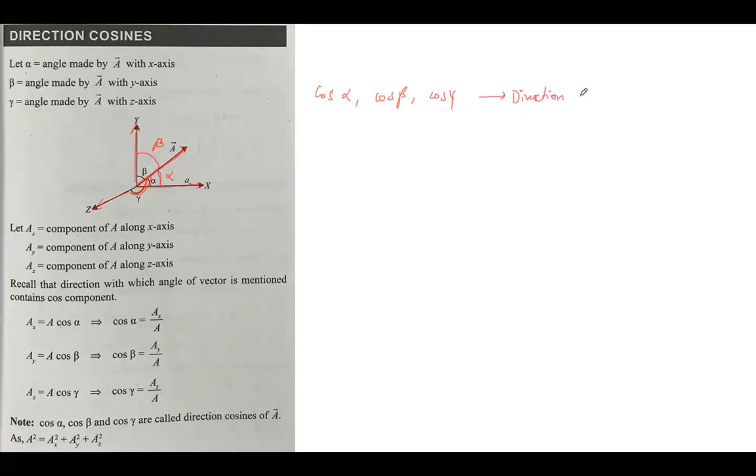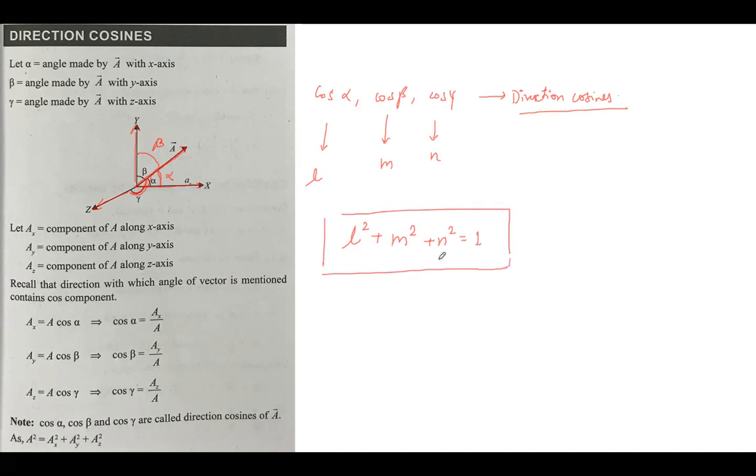So these are direction cosines of the vector, and these are represented as L, M, and N. There are certain properties of direction cosines: the sum of the squares of the direction cosines, L square plus M square plus N square, is always equal to 1. This is one of the properties which you will find applied everywhere. So you can remember this.